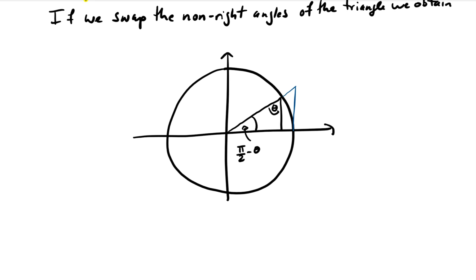Now this complementary angle has a secant and a tangent, but because it's a complementary angle, we're going to call those values the cosecant and the cotangent.